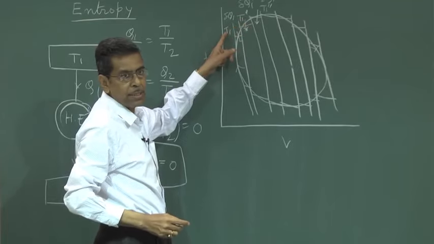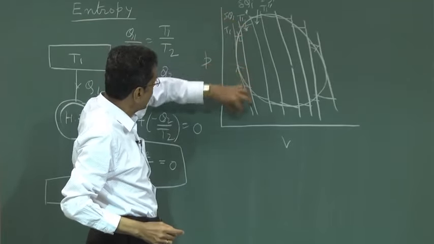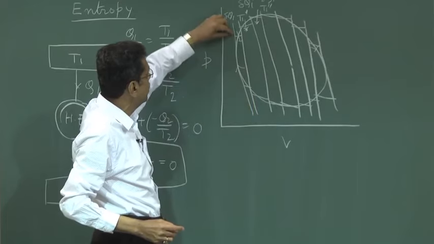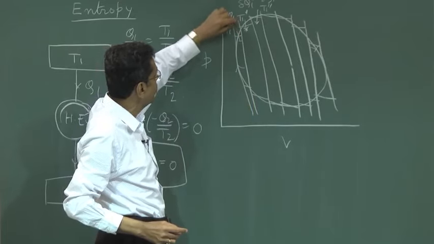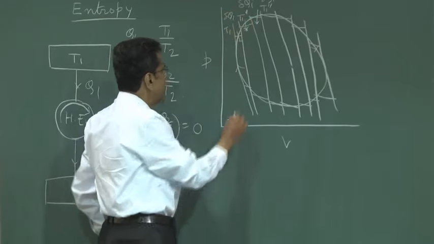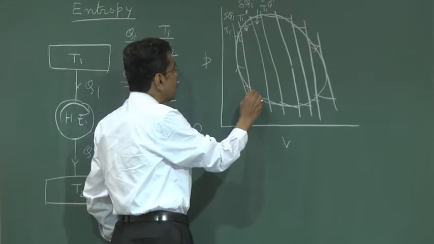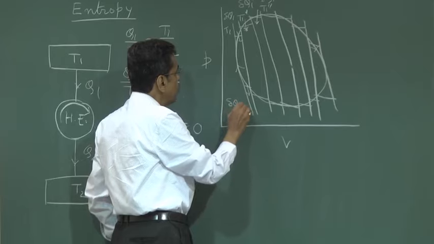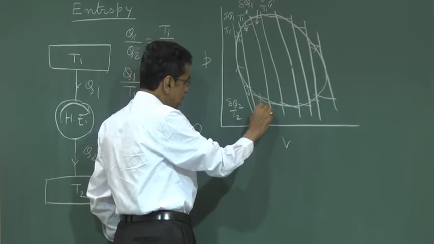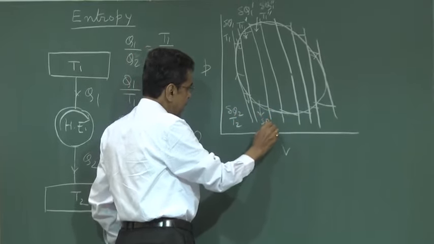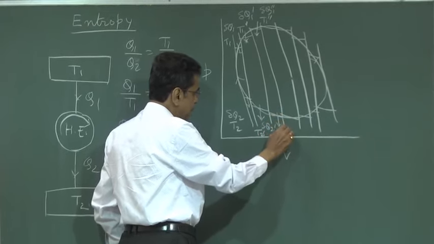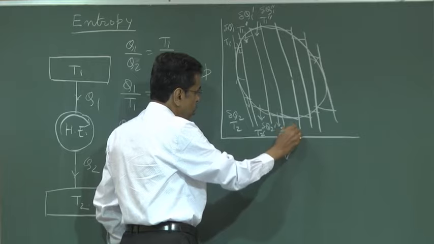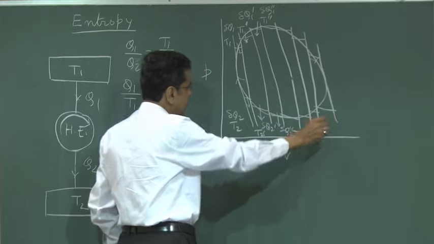So for the small elemental portion of this process, temperature remains constant. That means when we divide the cycle into elemental Carnot cycles, we can consider the temperature remains constant where a small amount of heat is added. Like that, heat rejection also we can consider delta Q2 at a temperature T2 for this elemental cycle, delta Q2 dash at T2 dash for this elemental cycle, delta Q2 double dash at T2 double dash, and so on.